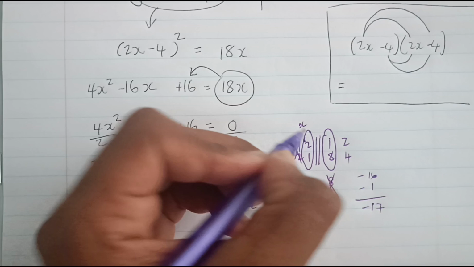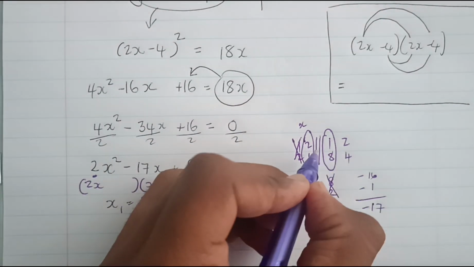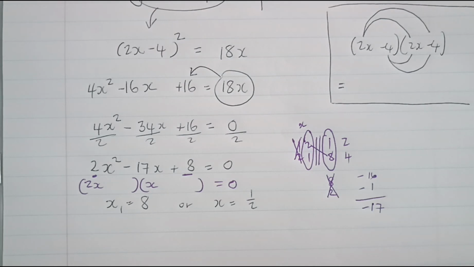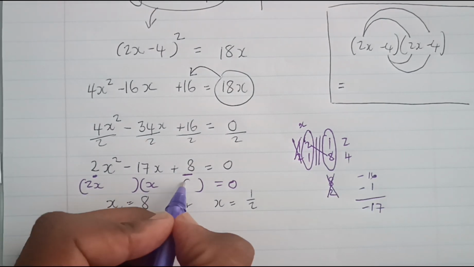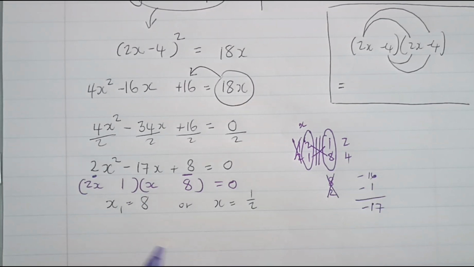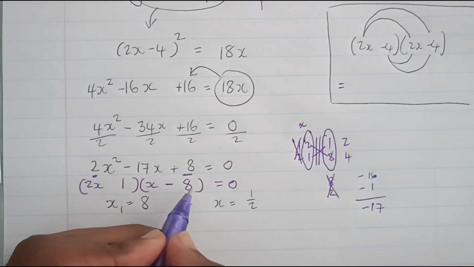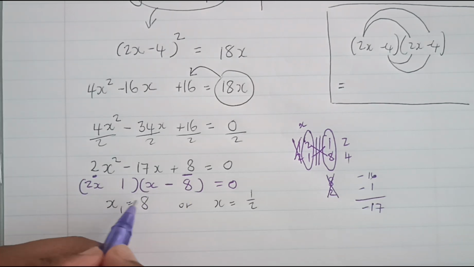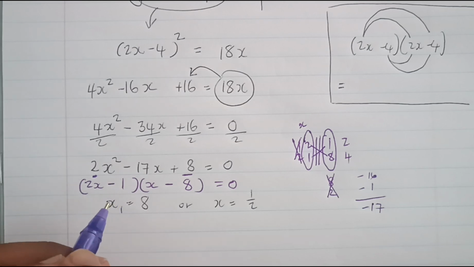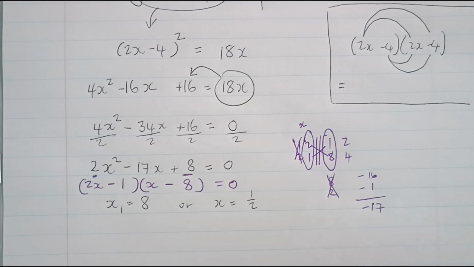The ones on my left-hand side are my x coefficient, so it's going to be 2x and x, and the 2 multiplies with the 8. The 2 and the 8 have to be in opposite brackets. The 1 has to multiply with the other 1. I need negative 16, so the 2 times the 8 gives me 16, but I need it to be negative. And I need a negative 1, so 1 times 1 needs to be negative. So that's how we would factorize that. And there's our 2 x solutions.